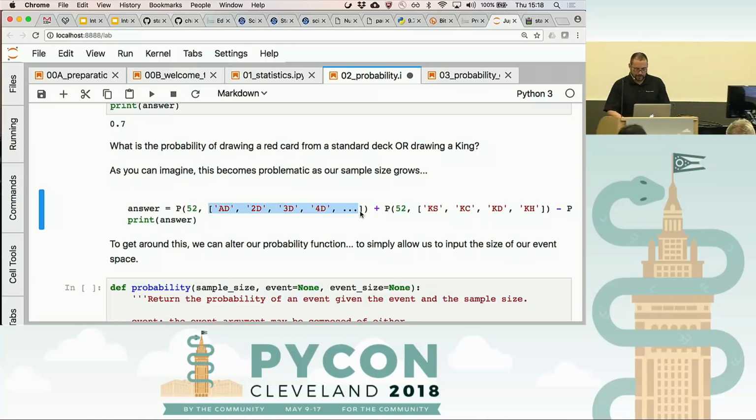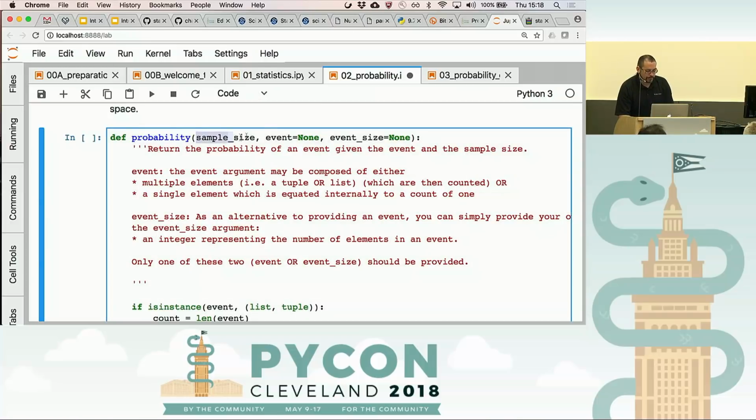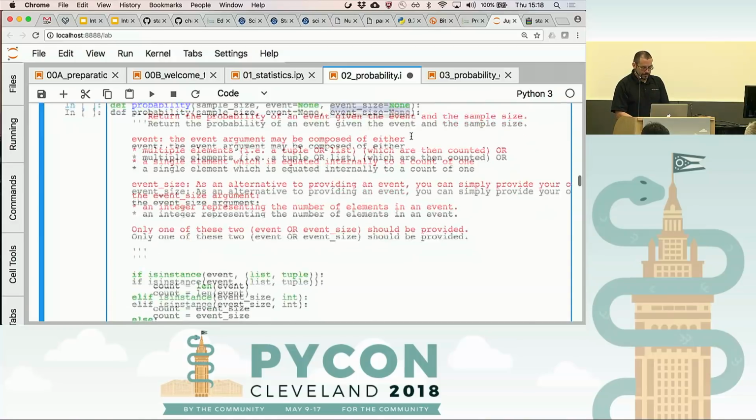That's lame. So let's tweak our probability function to say my sample size is maybe 52 cards. My event could be a single element, or if I already know how big the event is, I can give it the event size. There are 26 red cards. I'll just say that the event size is 26.